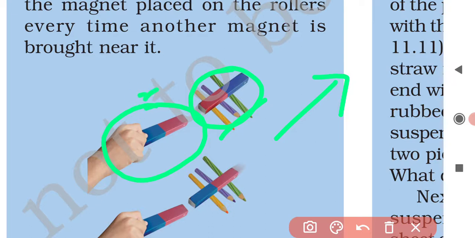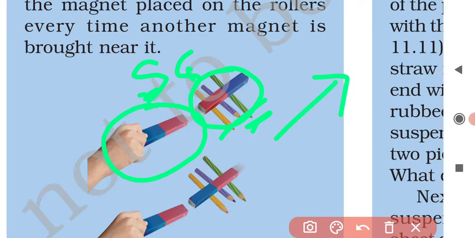Okay, that means this shows that the south pole of the handheld magnet is exerting a magnetic force of repulsion on the south pole of the magnet placed on the rollers, which makes it move away from the handheld magnet.